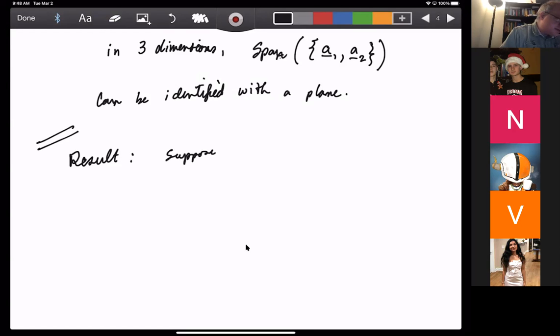So suppose you've got your set S, you've got vectors A1 through AK. And we're going to make a matrix.